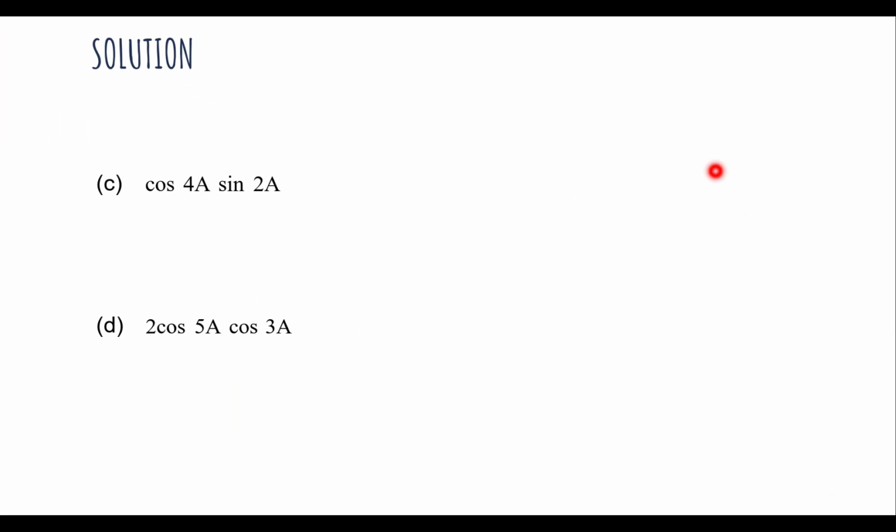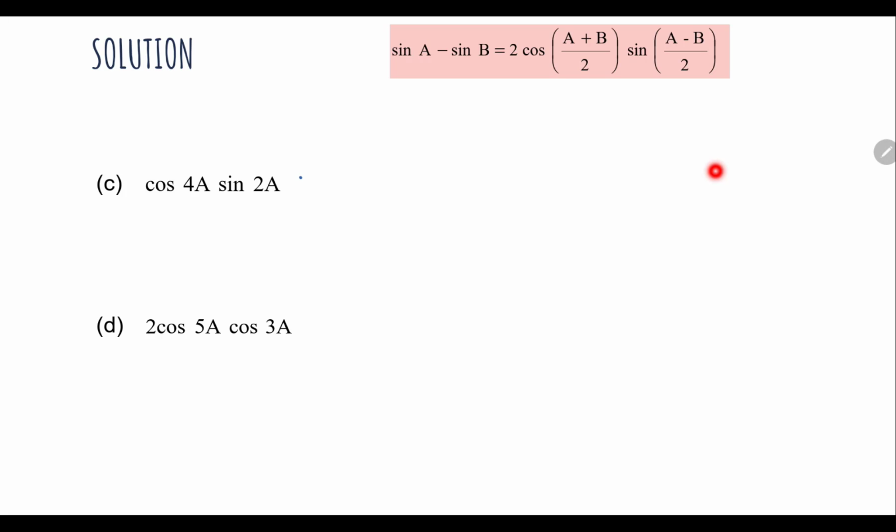Okay students, now let's try examples C and D. So this is example C: cos 4A multiply sin 2A. So we're going to check our factor formula which has cos multiply sin. So this is the formula with cos multiply sin. We're going to start with transferring 2 to become 1 over 2.